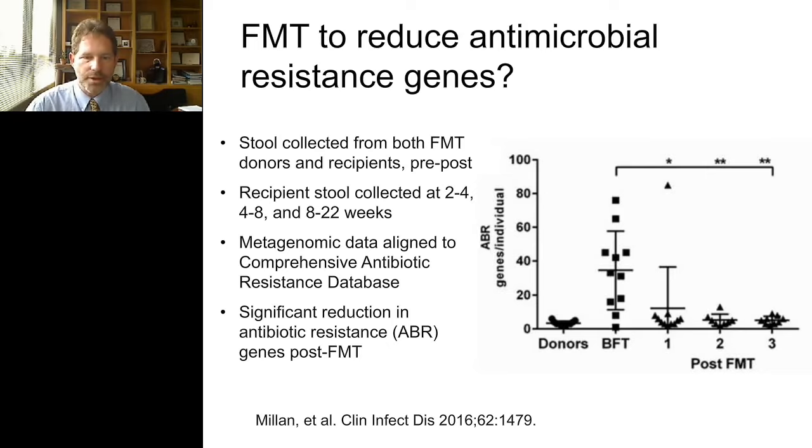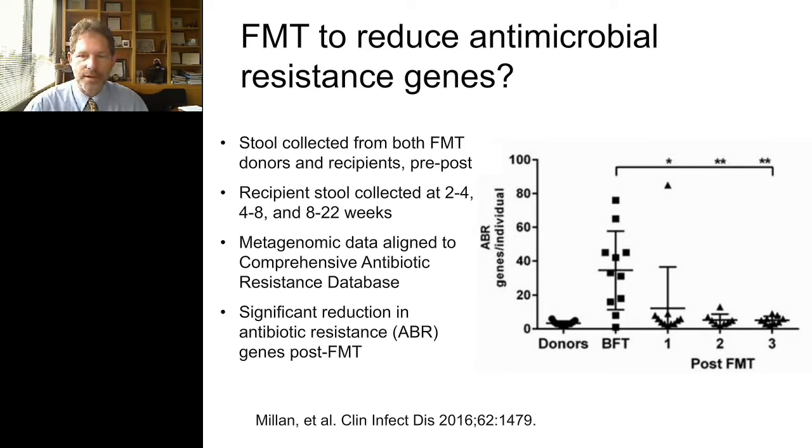And then they took the metagenomic data and aligned it to the comprehensive antibiotic resistance gene database. And what they saw, you can see on this table, on the far left are the donors, very few antibiotic resistance genes per person. The BFT column is before fecal transplantation, and you can see it varied by subject, but there were some who had a lot of antibiotic resistance genes, probably because they had been exposed to antimicrobials, which is why they got C. diff.